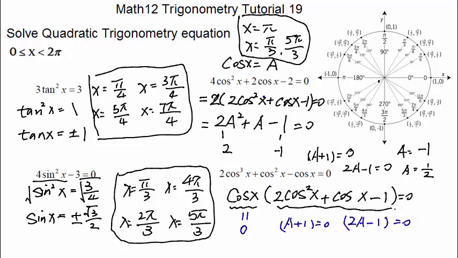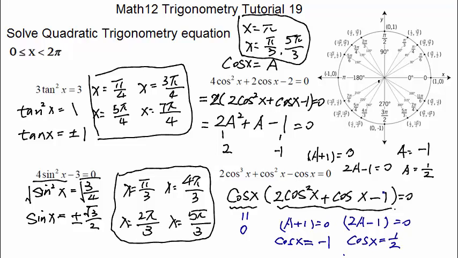So make sure this equation and this equation are exactly the same. I just jumped a step here. So we use the same way of factoring. So we got a plus 1 equal to 0 and 2a minus 1 equal to 0. So we got cosine x equal to negative 1, and then cosine x equal to 1/2.